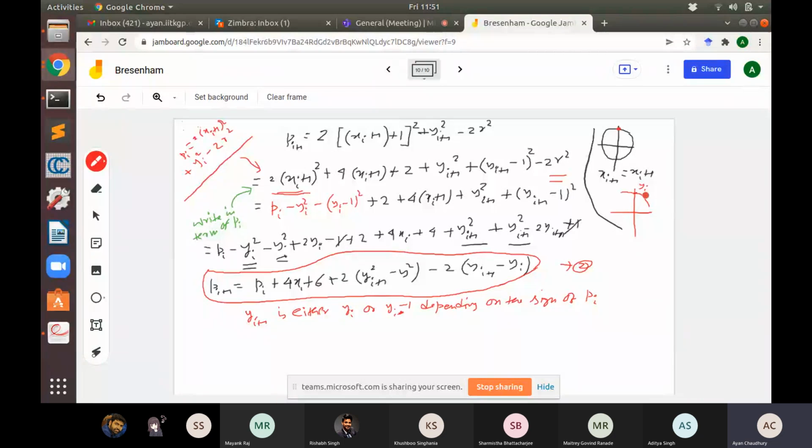And on the circle, either you go here or you go here. If you go here, then y is not changing, right? The y value remains the same. But if you turn a bit, then y is decreasing, right? So there can be two cases: either yi remains the same or yi becomes yi minus 1. But x is always increasing because this is your x, so you are going to the next one, right? Do you get the point or no? Yes, sir, I understood.